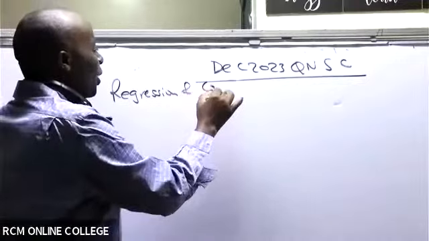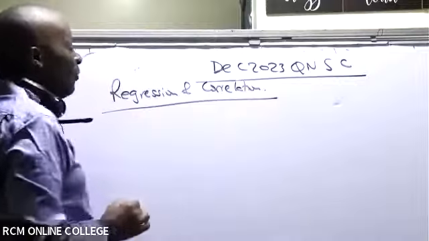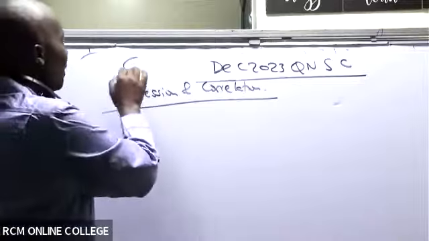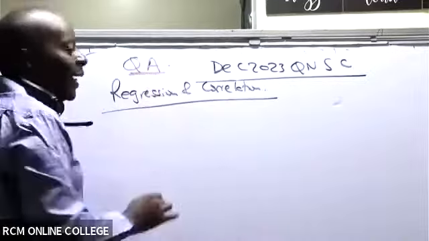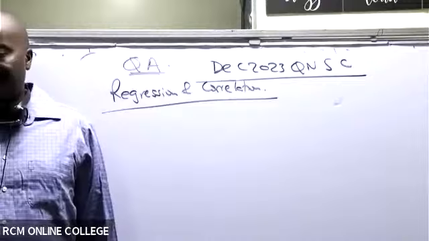Correlation in quantitative analysis is topic number 4, and regression is topic number 5. Remember, the subject is quantitative analysis.